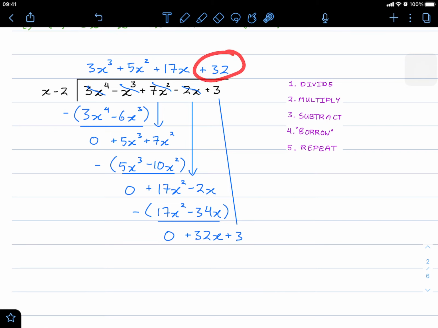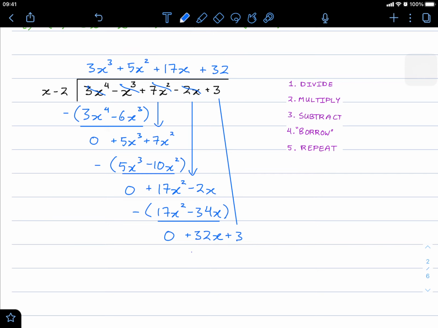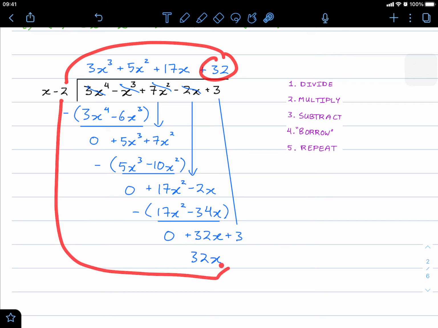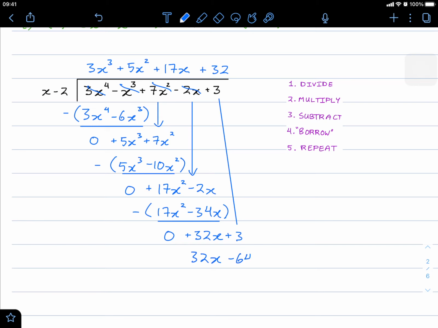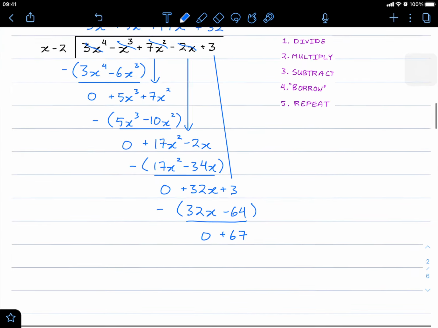Multiplying 32 times x gives us 32x. 32 times negative 2 is going to be negative 64. Subtracting, we get 0, and 3 minus negative 64 is plus 67.